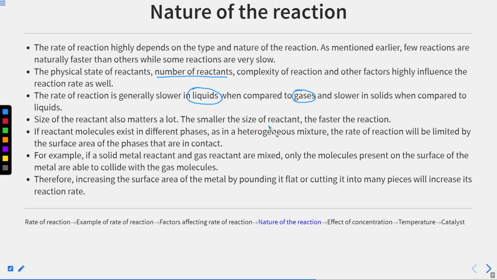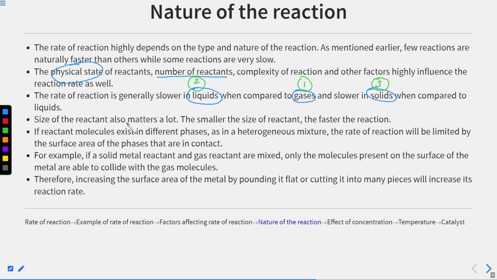Similarly, the solid molecules will take more time to collide than the liquid molecules. Since the number of collisions per unit time would decrease as a result, the reaction would go slower. That is the reason we see generally that gases react most readily and fastest, number one, then the liquids, and then the solids. So it is a kind of order. You can see very clearly how the physical state of the reactants affects the rate of reaction.